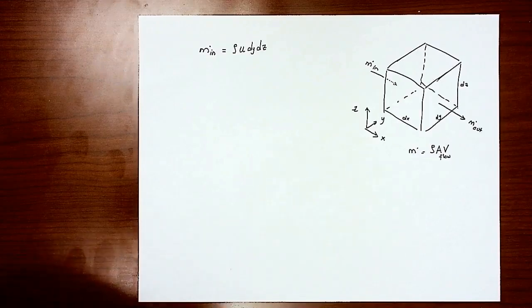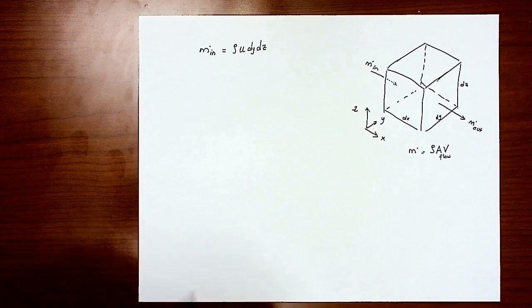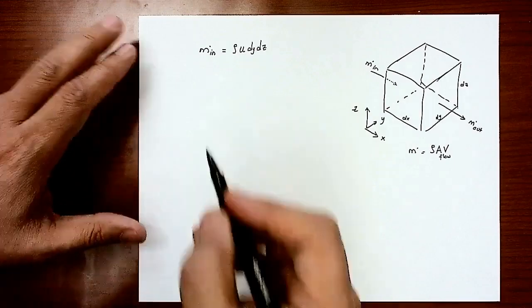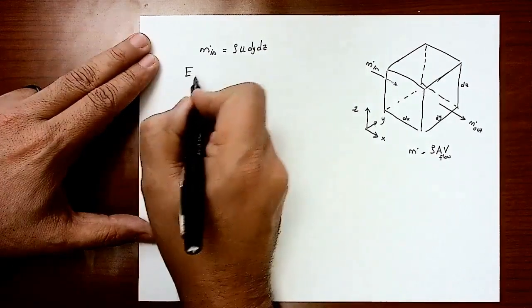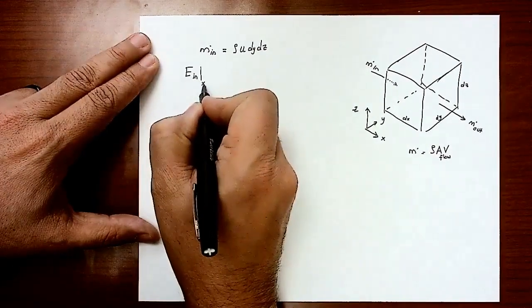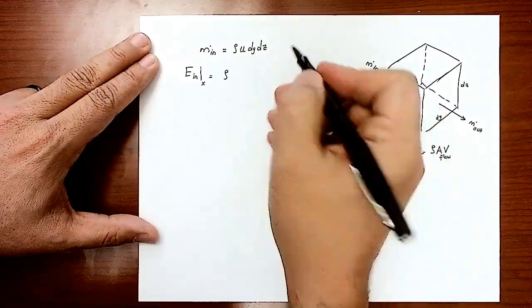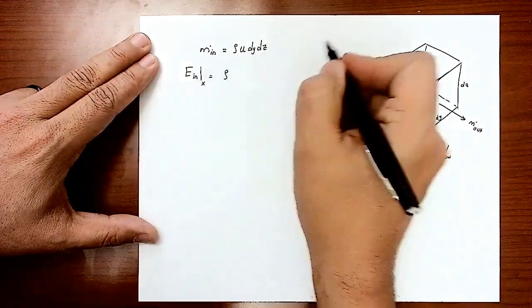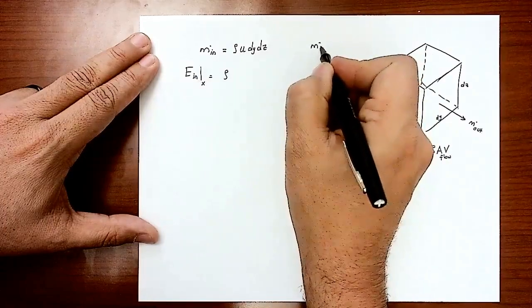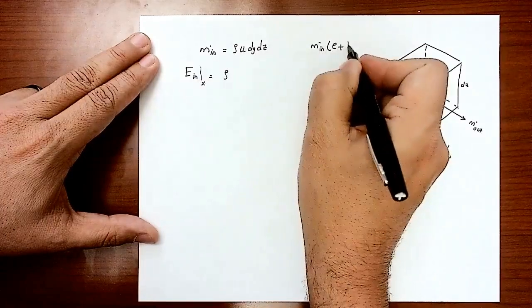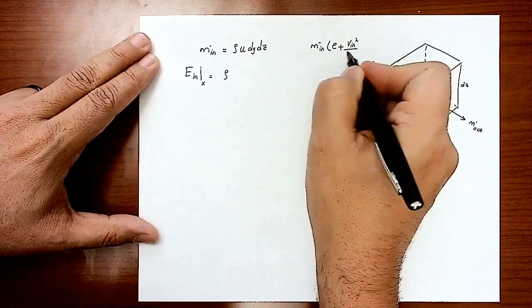But I know that the mass flow rate, that quantity of mass, will carry certain energy, and this energy will be simply the internal energy carried by that fluid and the kinetic energy as well. So if I want to get the energy in with this mass flow rate in the x direction, you simply multiply the mass, if I talk about scalar value, by E plus V squared over 2.